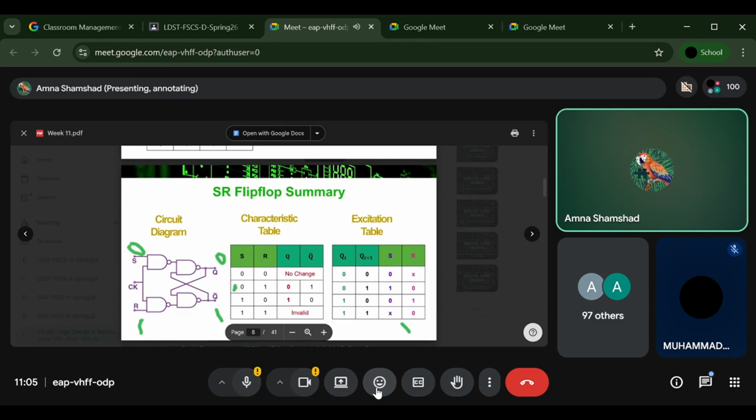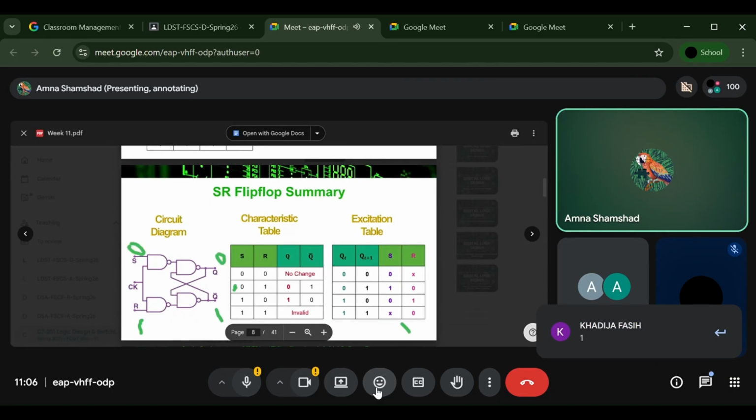So what will be the output of this NAND gate? When any one input of a NAND gate is 0, the output is 1.